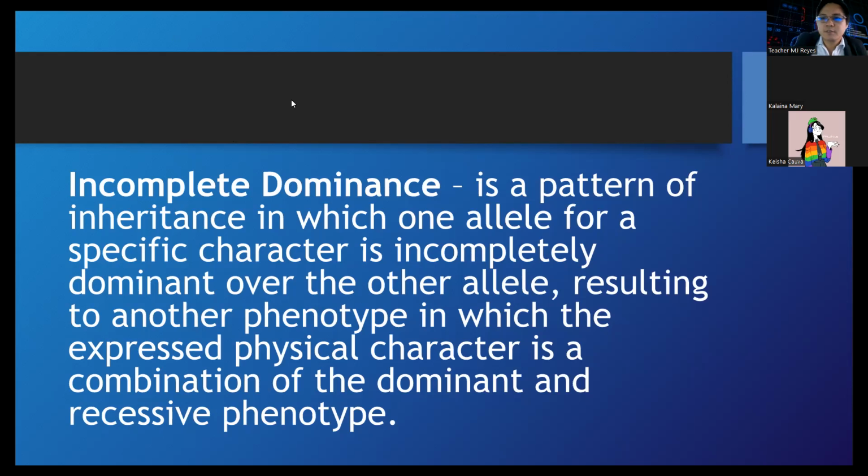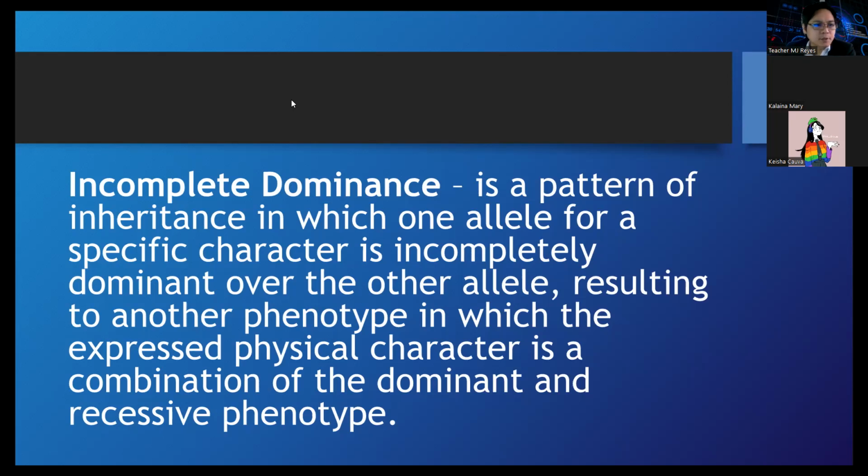Right? Let's continue. Okay. So again, incomplete dominance is a pattern of inheritance in which one allele for a specific character is completely or incompletely dominant over the allele of the other, resulting in another phenotype in which the expressed physical character is a combination of a dominant and recessive phenotype. So this is now a mixture of genes.